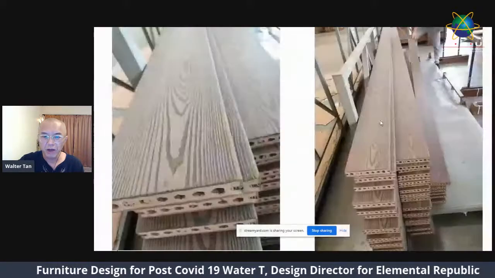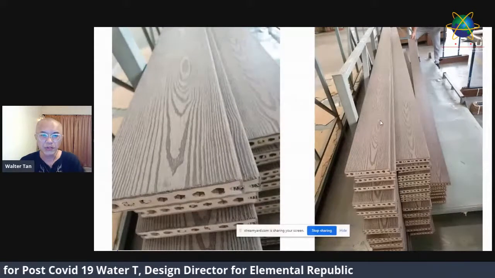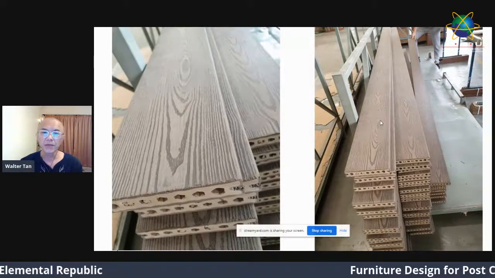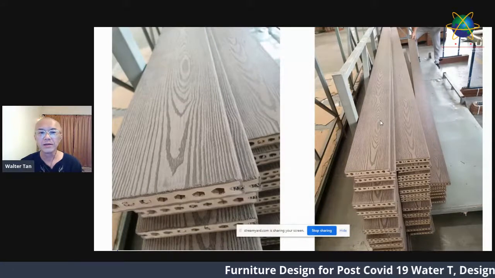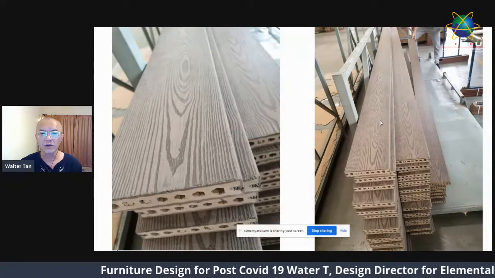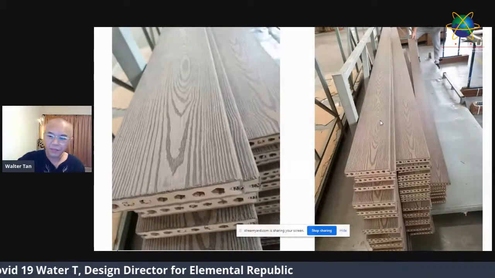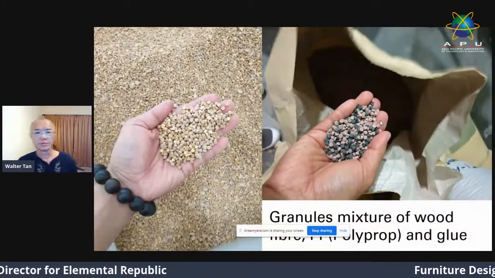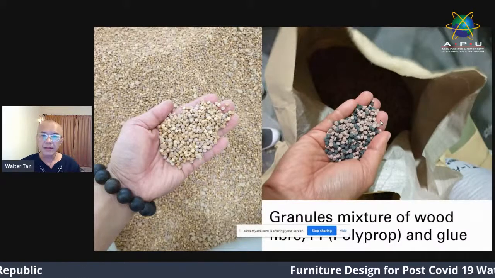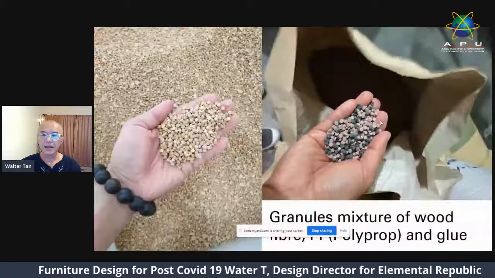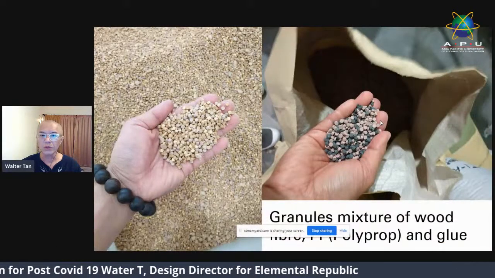Okay, let me show you how this is done. Okay, this is a composite wood. This is a composite decking. Okay, so it's actually a mixture of plastic and wood fiber. Wood fiber is actually from a wooden factory, the waste wood, which they grind to become granules. Okay, then make it into a decking and a composite wood.